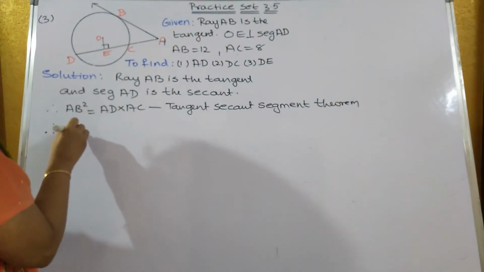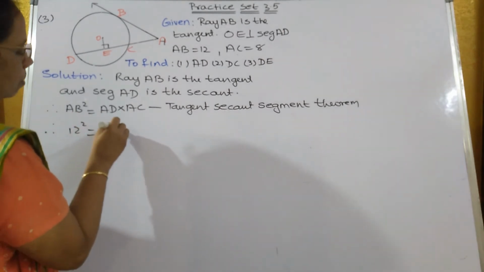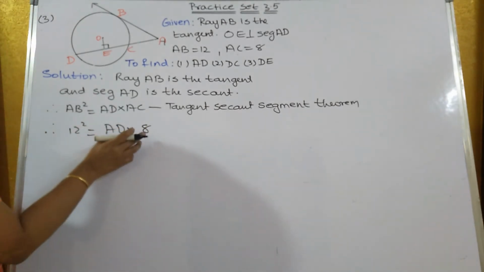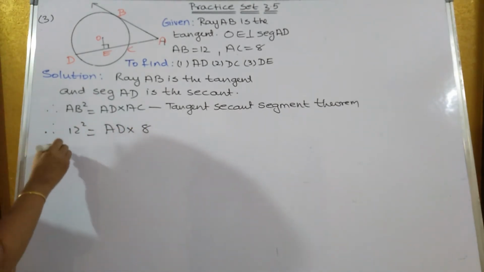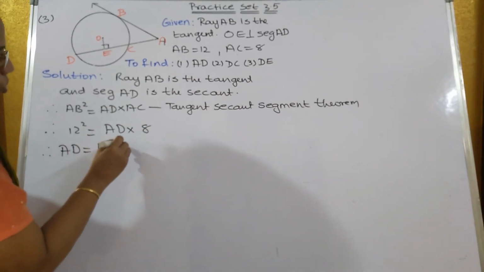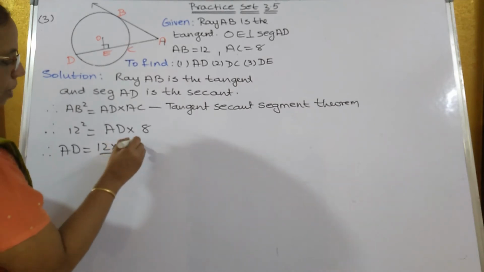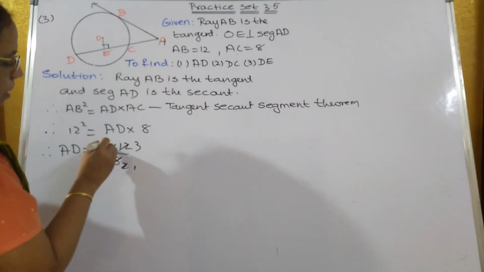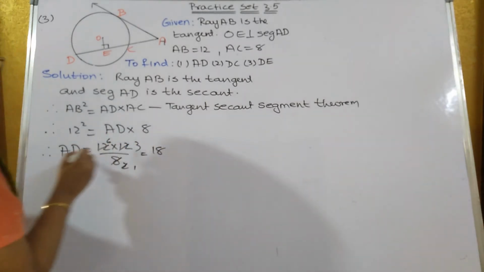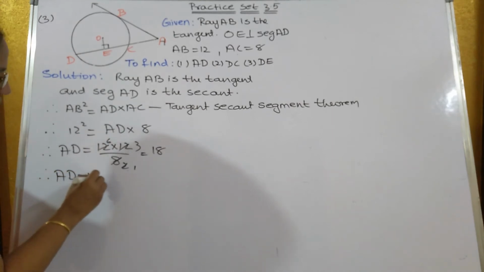AB is 12 square is equal to AD we have to find out, and AC is equal to what? 8. Now bring this 8 over here. So what you'll get? AD is equal to 12 square. I'll write it as 12 into 12 upon 8. So 4 2s are 4 3s are 2 1s are 2 6 are. So that's equal to 18. Therefore AD is equal to how much? 18 units.